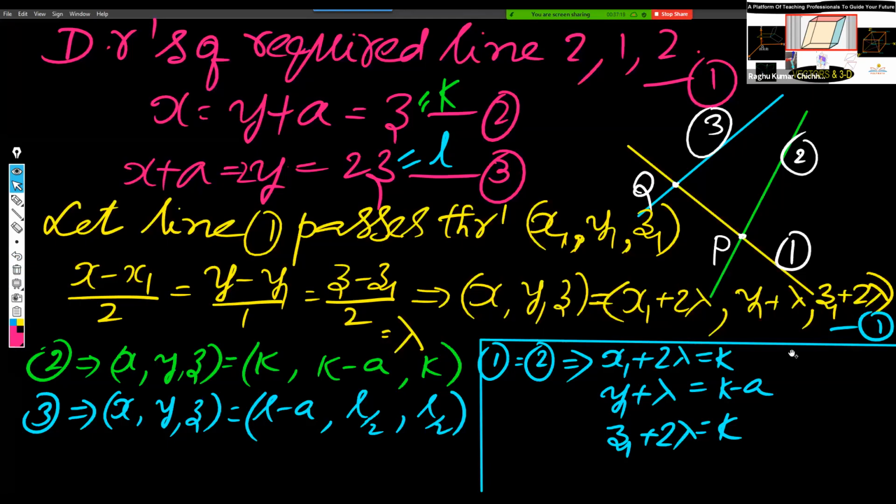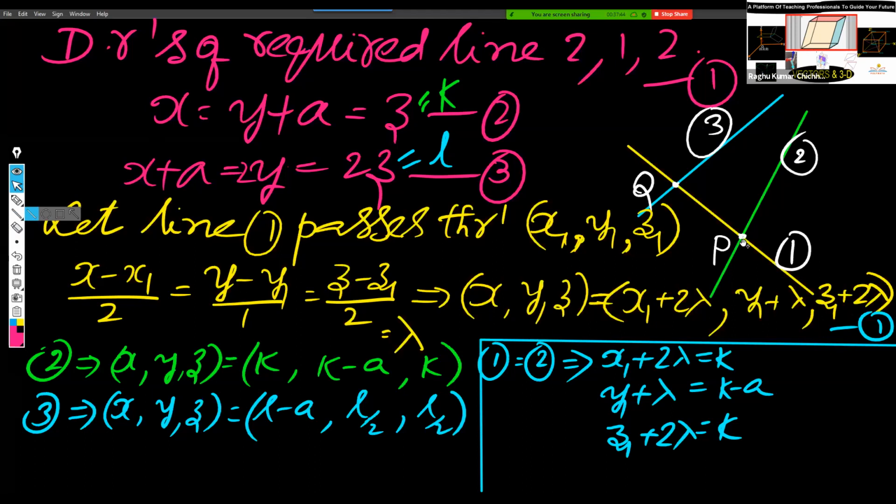This is one thing you have to understand here. Tell me whether the yellow line here is the same as PQ or not. PQ is the yellow line, and P is one point of intersection, Q is another point of intersection. Of course, these two are lying on the same line.